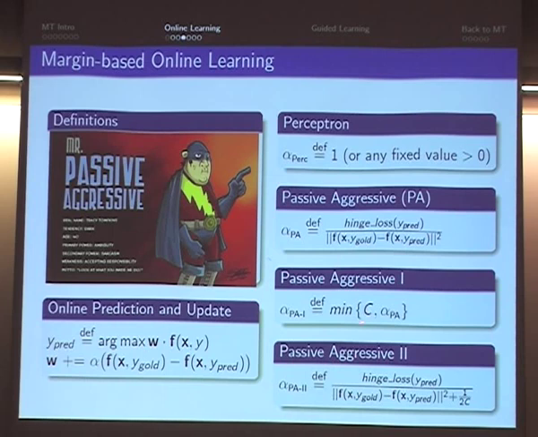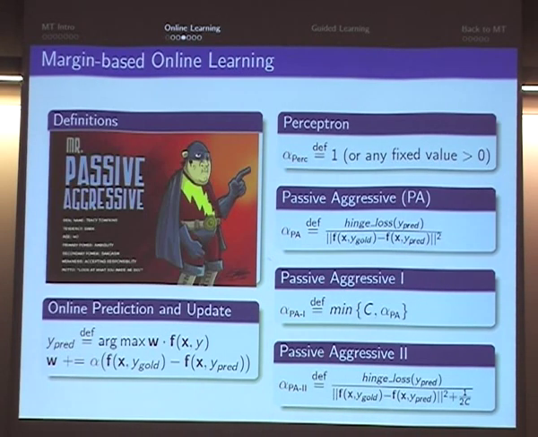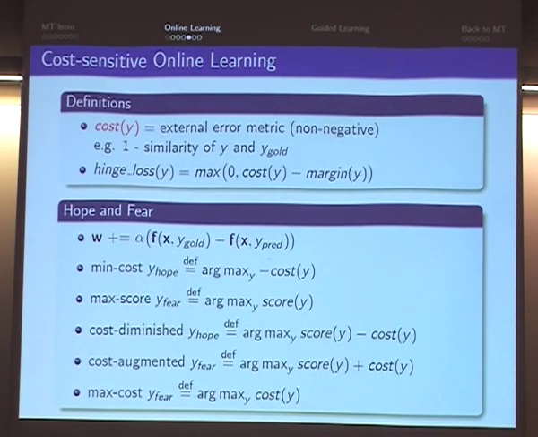So here you just say, okay, I don't want the learning rate, the constant alpha, to be higher than C, at most C. And it has some nice theoretical properties. Well, if you're interested, you can read the paper. I just wanted to show that this is easy to implement, and there are some mathematical formulas and derivations behind, but the result is so simple.